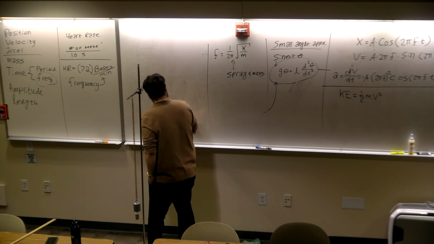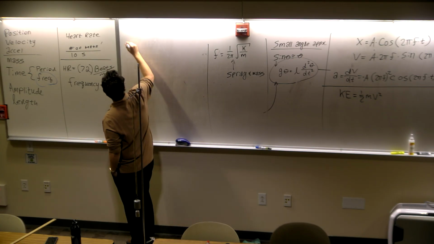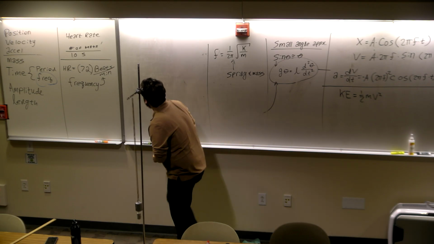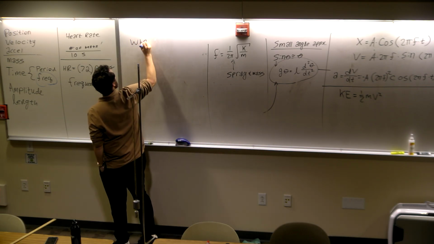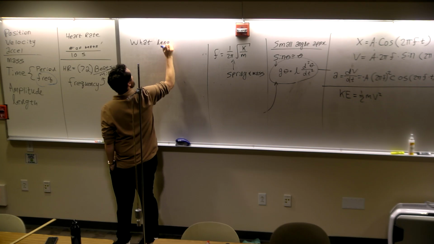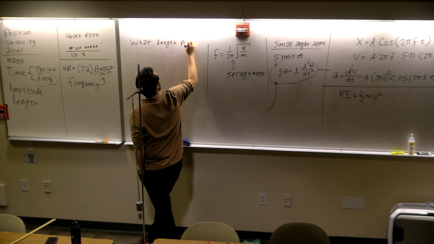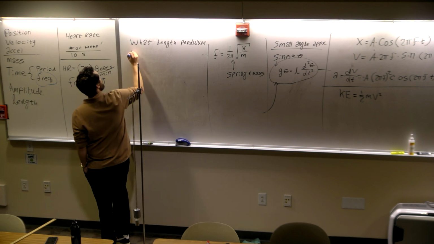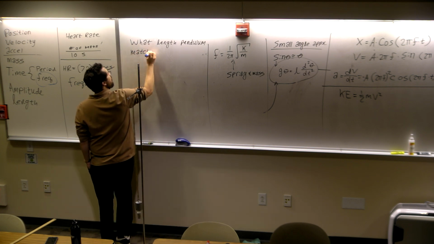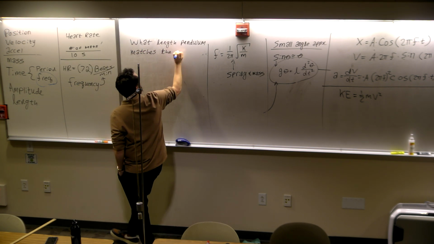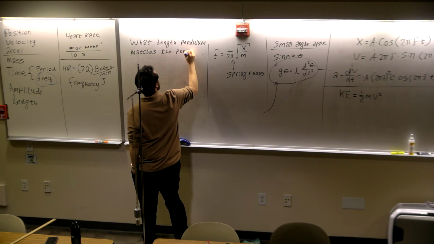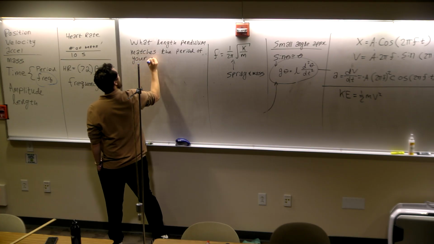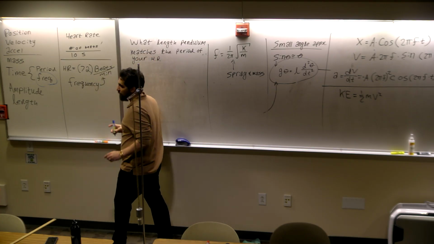What I want to know, dealing with the practice problem, is what length pendulum matches the period of your heart rate that we took at the beginning of the class.